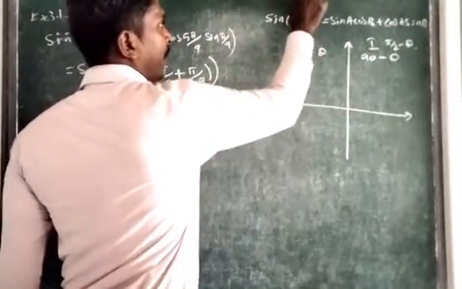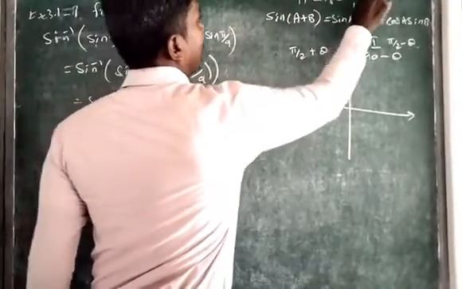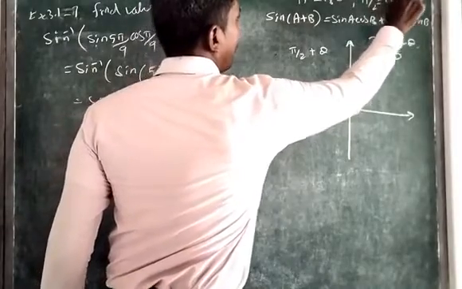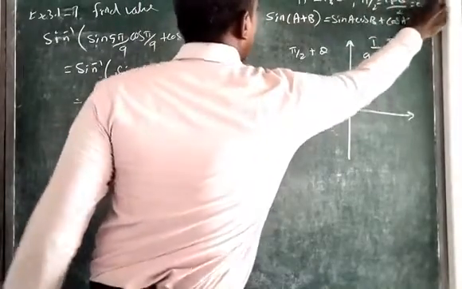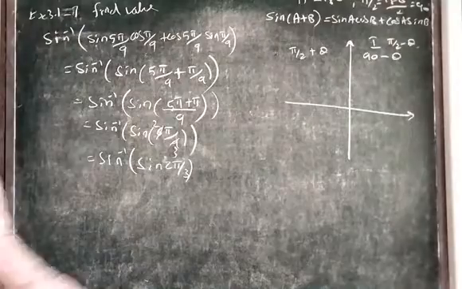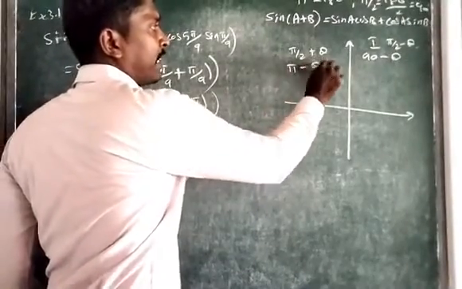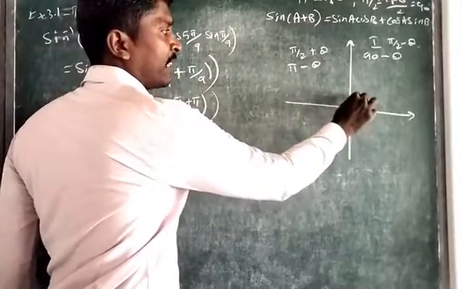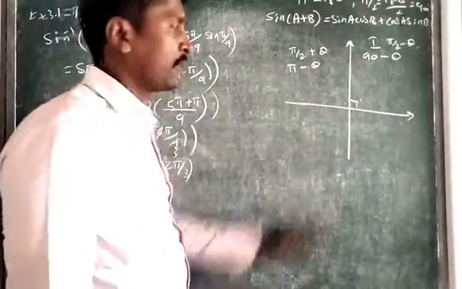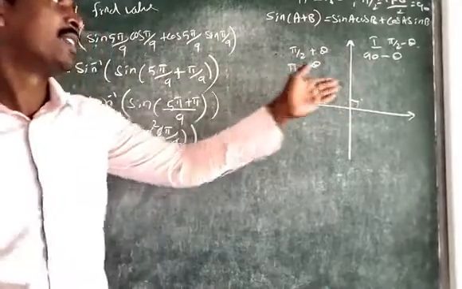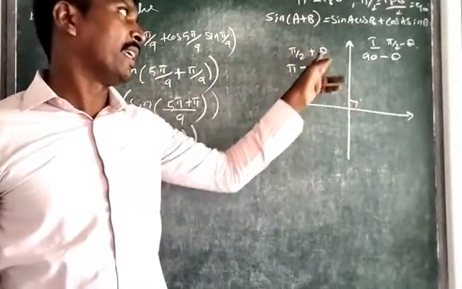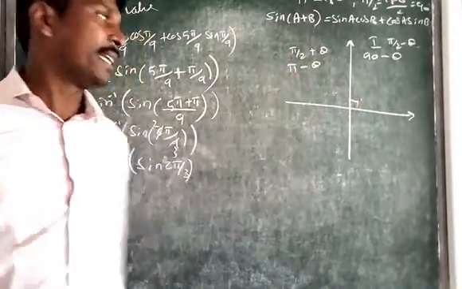Pi means 180 degrees, so pi by 2 means 180 divided by 2, which is 90 degrees. Otherwise you can use pi minus theta. The angle is above 90 degrees, less than 180.